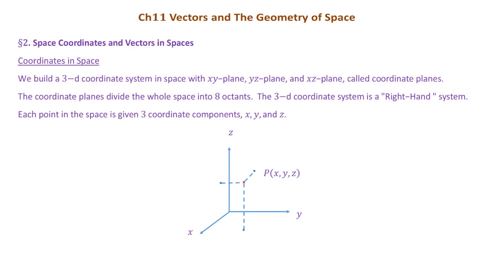How do we use vectors in three-dimensional space? Everything is just a natural generalization of two-dimensional space, and you might have learned this before, so I'll just give some review. Just like in 2D space on the plane, in three-dimensional space we also have coordinates.